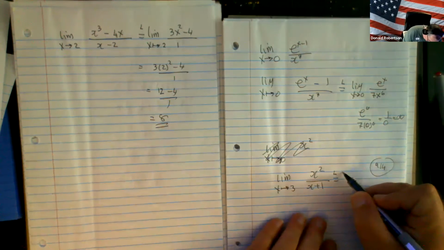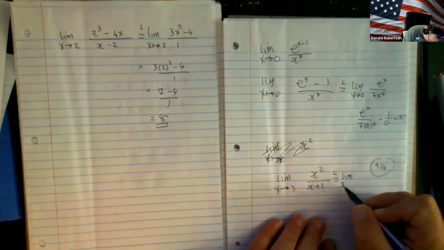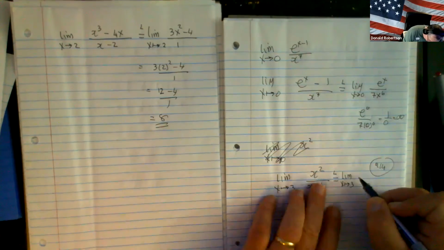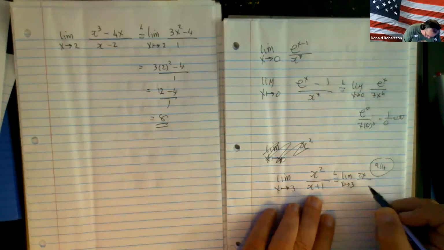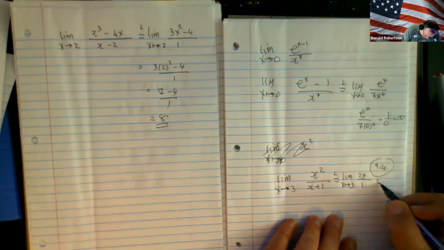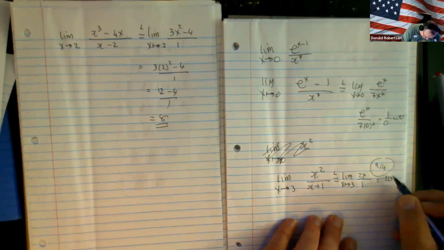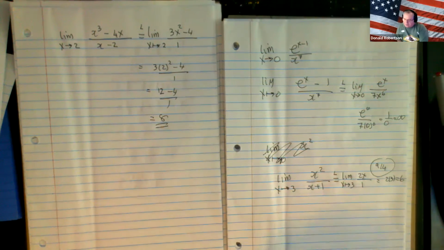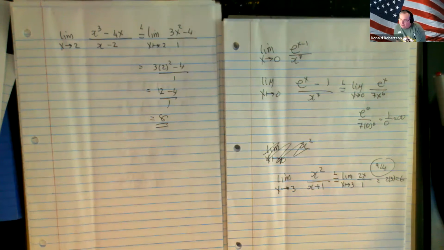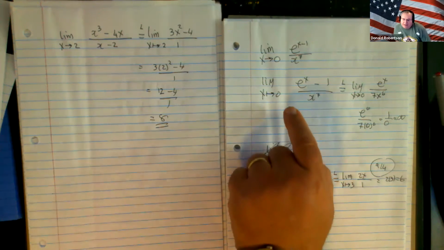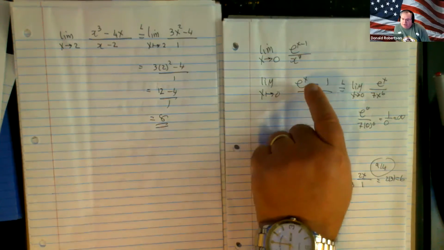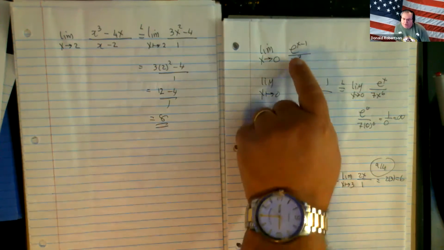So let me do this. If I do L'Hopital, on the top, I get 2x. On the bottom, I get 1. And if I plug in 3, can you see that the answer I get is 6? It's not the correct answer, which is 9/4. So the moral of the story is, when you plug in the number, do you get 0 over 0, right?